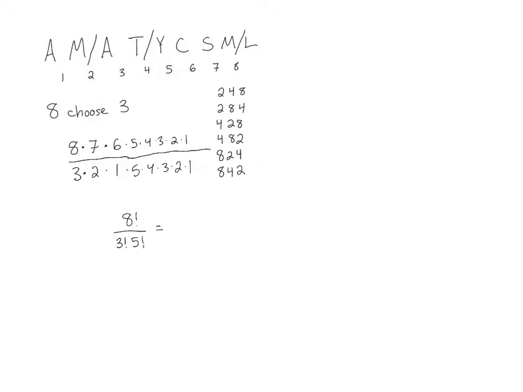But 5 is just 8 minus 3, so this is 8 factorial over 3 factorial times 8 minus 3 factorial, which is what we had when we wrote 8 choose 3 earlier. It works the same whether you're using 8 choose 3 or 9 choose 5 or 12 choose 6. You end up getting the same thing.